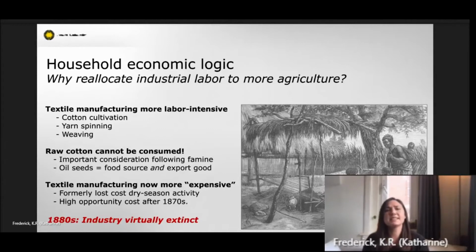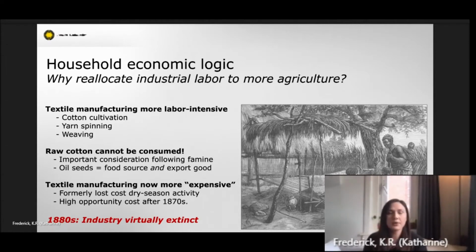So in essence, what we see is that the use of scarce labor to produce cloth during the dry season had suddenly become much more expensive, since it basically entailed lost opportunities to produce agricultural goods on these marshlands during the now much longer agricultural dry season.